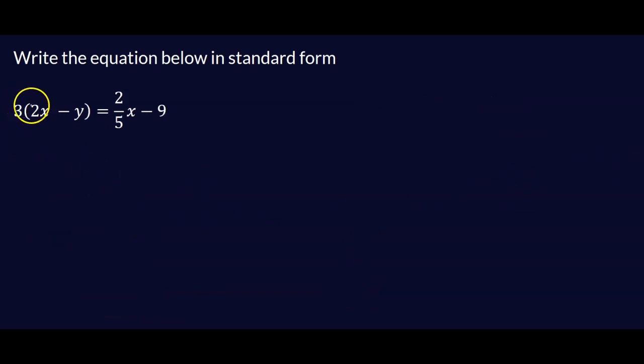So we have 3 multiplied by 2x minus y, equal to 2 over 5 x minus 9. We're going to first distribute the 3 into the parentheses. So we have 6x minus 3y equal to 2/5 x minus 9. Because you probably don't want to deal with subtracting fractions, and we have a denominator of 5, why don't we multiply every single term here by 5.